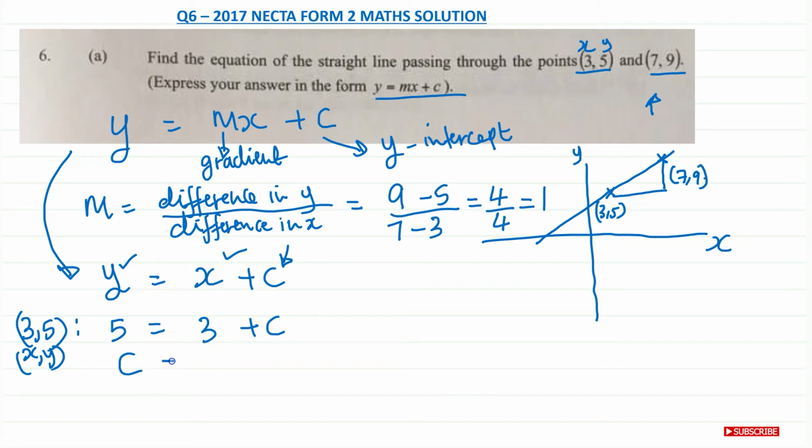That means c is equal to 2. Now I can go ahead and say y is equal, what's my m? My m was 1, so I'm just going to write x. There's no point writing 1x. And then my y-intercept is 2. So this is going to be y equals x plus 2.